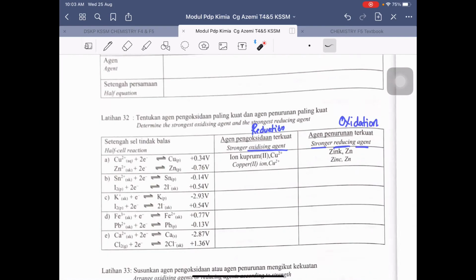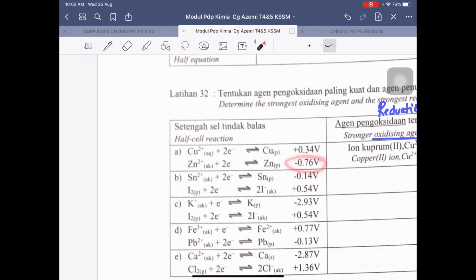So if you see negative here, what I do is reverse the equation like this. So that I know that this is the standard reduction from the textbook, from the series. But if you understand that this is negative and it is oxidation, reverse the equation here so that it is easier for you to understand which one is the agent. So I will reverse it like this, Zn2+, like that.